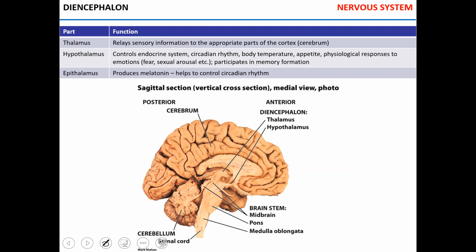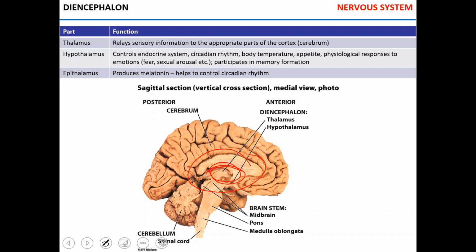Now the central part, called the diencephalon, contains three separate parts: the thalamus, hypothalamus, and epithalamus. The thalamus here in the center is the part that essentially relays sensory information to different parts of the brain, of the cortex, different parts of the cerebrum.